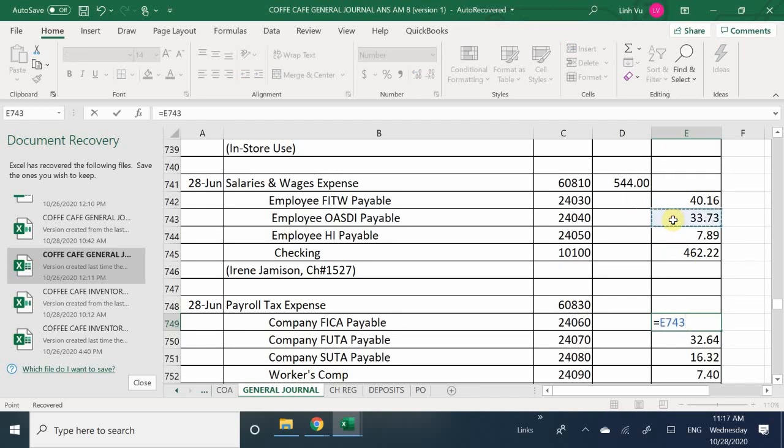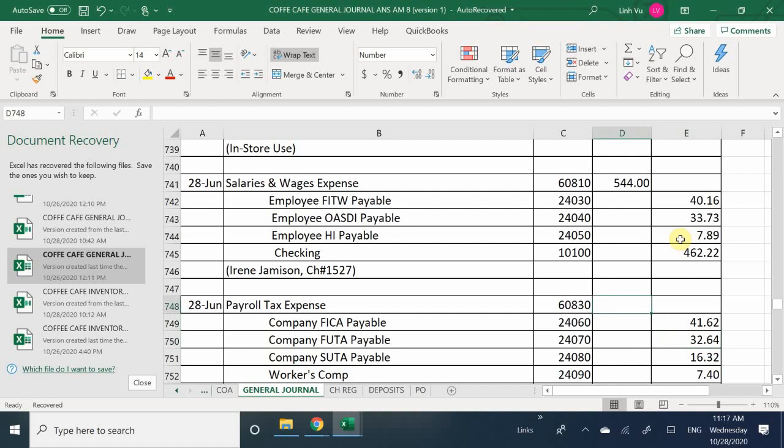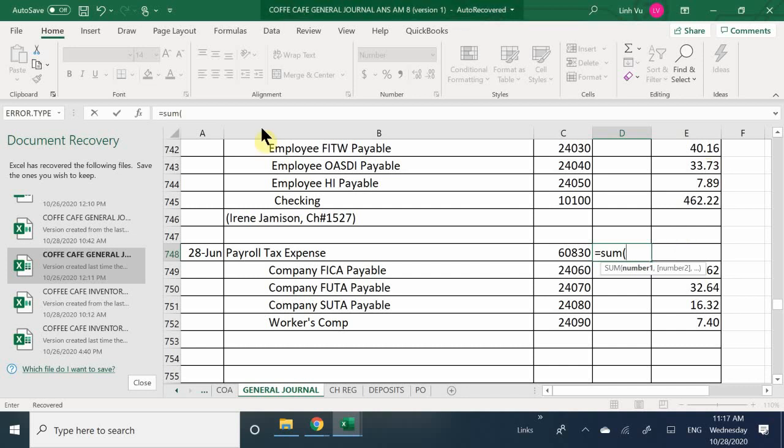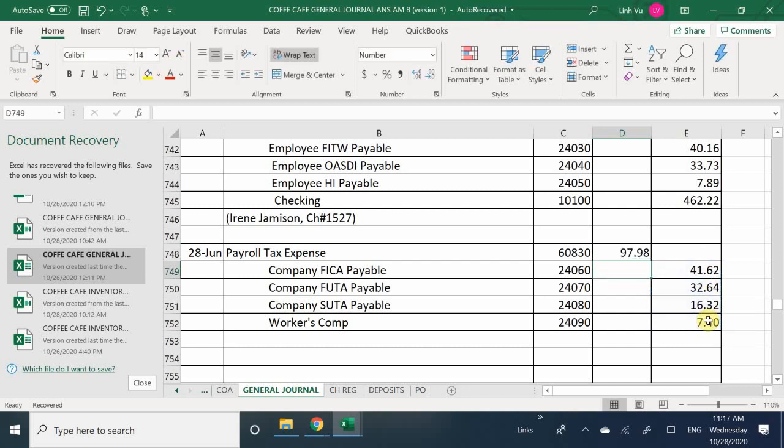So it's 3373 plus our $7.89 to give us a total of $41.62, giving me a grand total of payroll expense to be 544. Not 544, that's our gross pay. 97.98 should be correct. Good.